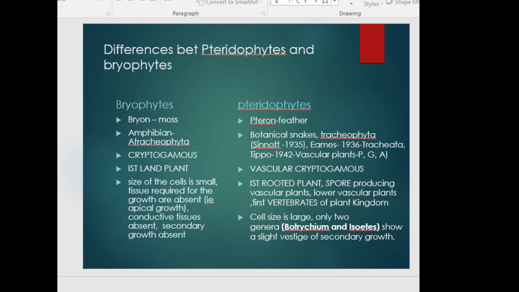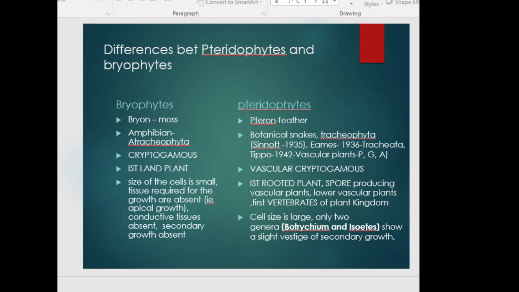First, bryophytes are called mosses, and the name is derived from bryon, and in the pteridophyta the name is derived from pteron, meaning feather-like plants. Bryophytes are the amphibians of the plant kingdom and also called atracheophyta, while pteridophytes are called the botanical snakes, tracheophyta, because they contain vascular tissue, and the simplest form of vascular tissue is present in the form of stele. They are the first land plants and they are the vascular cryptogams.